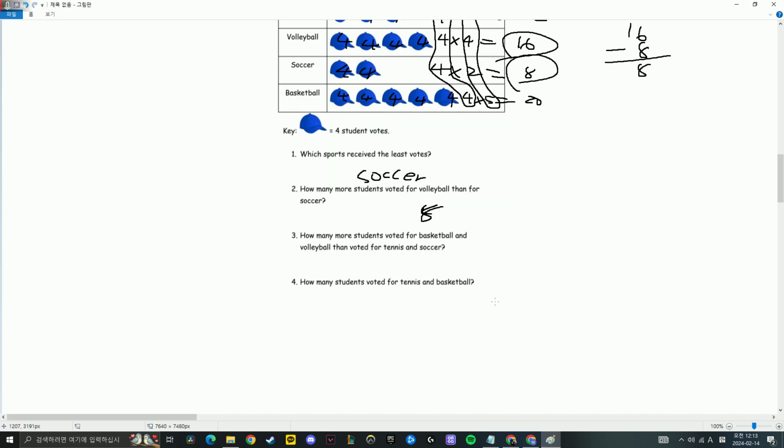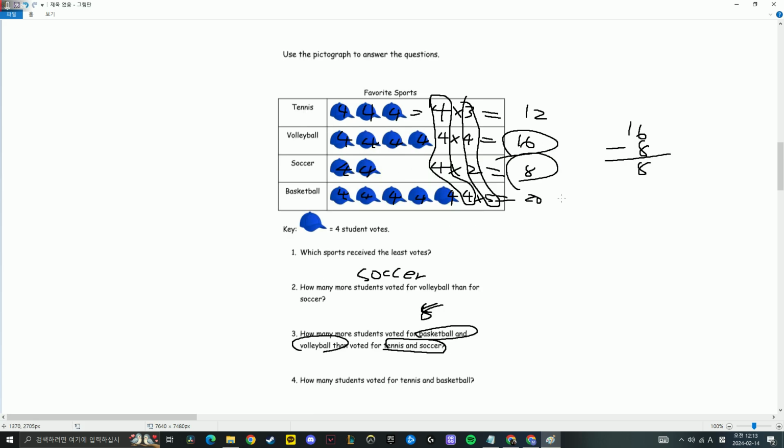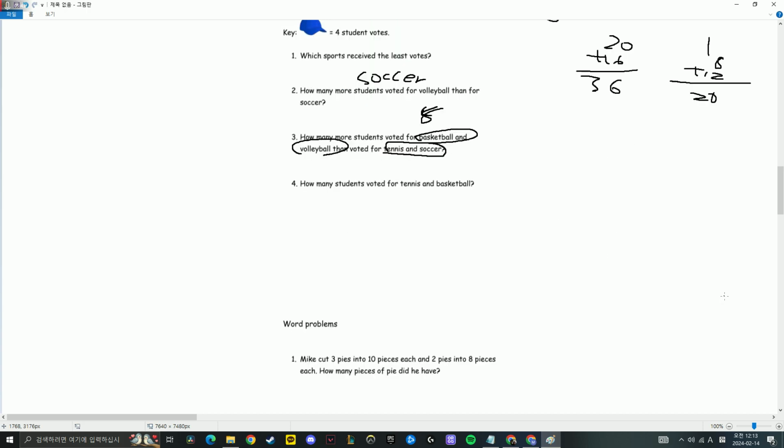How many more students voted for basketball and volleyball than for tennis and soccer? So it'd be tennis and soccer together and basketball and volleyball together. So basketball and volleyball together would be 20 plus 16, which is 36, and tennis and soccer together is 8 plus 12, that gives us 20.